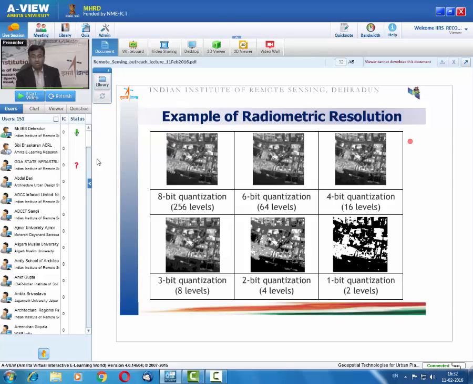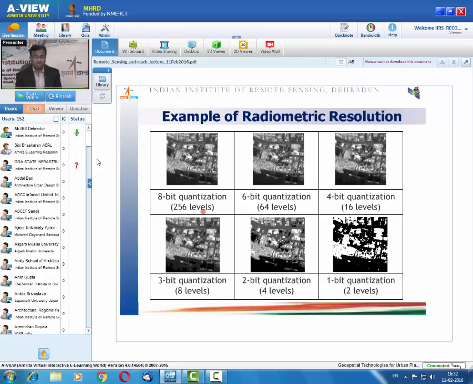Now this is one typical example of radiometric resolution. You see how the information content varies when it is 8 bit and when it is 1 bit. When it is 1 bit, it is either black or white. When it is 8 bit, 6 bit, 4 bit, 3 bit or 2 bits, that means from 4 levels to 256 levels, the information content increases.